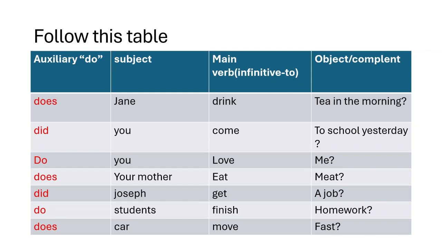You cannot add anything. If you say, does Jane drinks tea in the morning, it is incorrect, because the tense of the verb is expressed in the auxiliary. If I read auxiliary does, I imagine that it is present simple. It is not necessary to put present simple form on the main verb. So if you say does Jane drinks tea in the morning, it is incorrect.